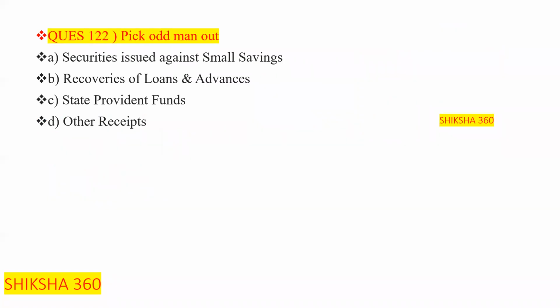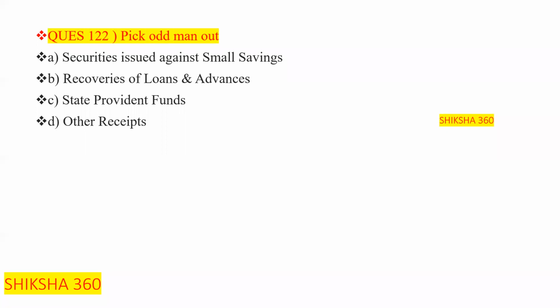Pick odd one out. First one is securities issued against small savings, recovery of loans and advances, state provident funds, other SIPs. So what is the correct answer of this question?